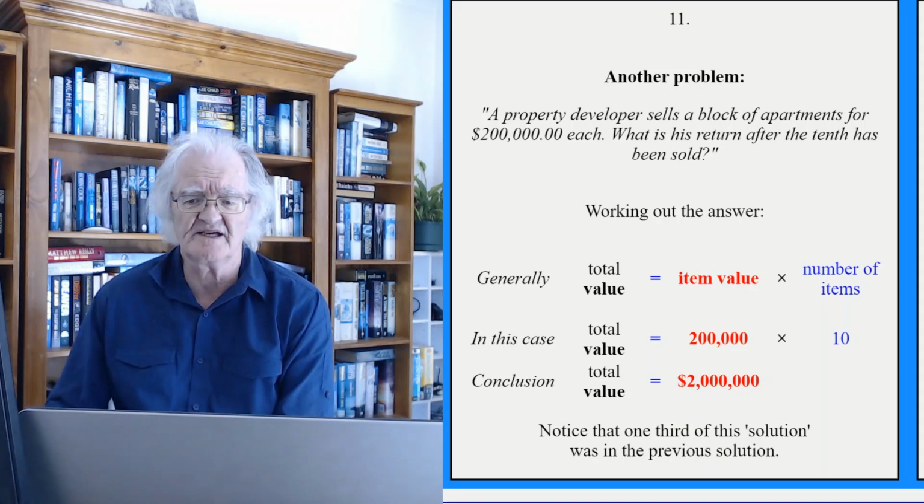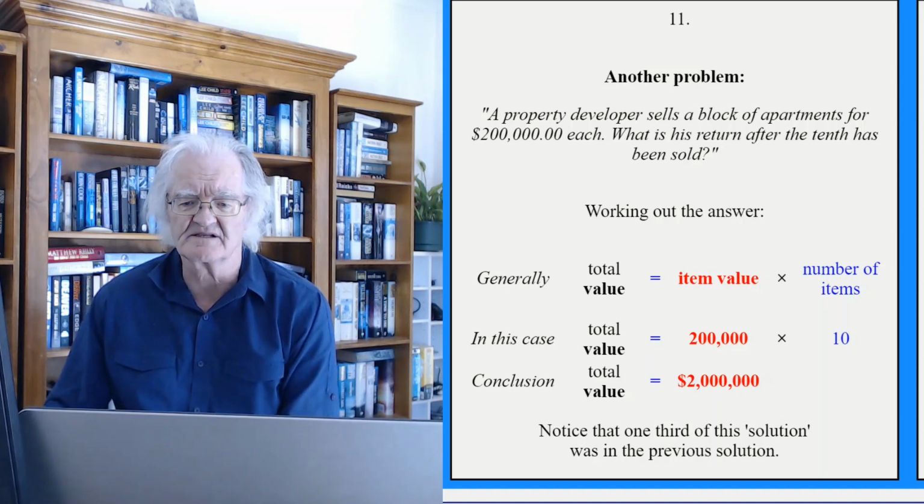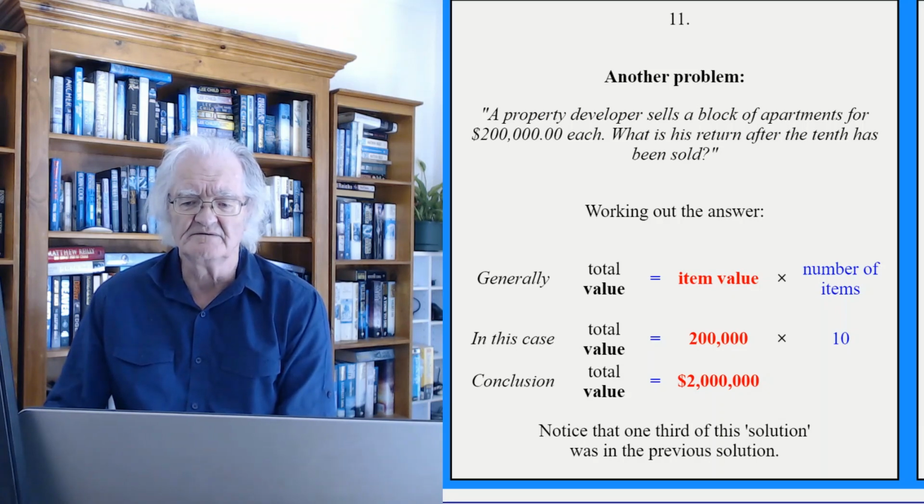So generally, total value equals item value by number of items. An identical start to the last question. In this case, the total value is 200,000 multiplied by 10. So our conclusion, the total value is $2 million.